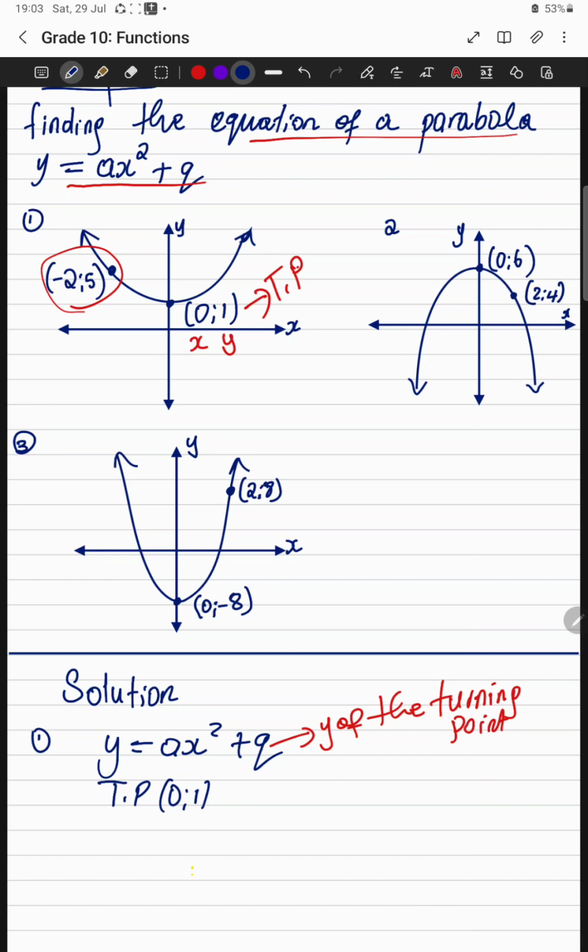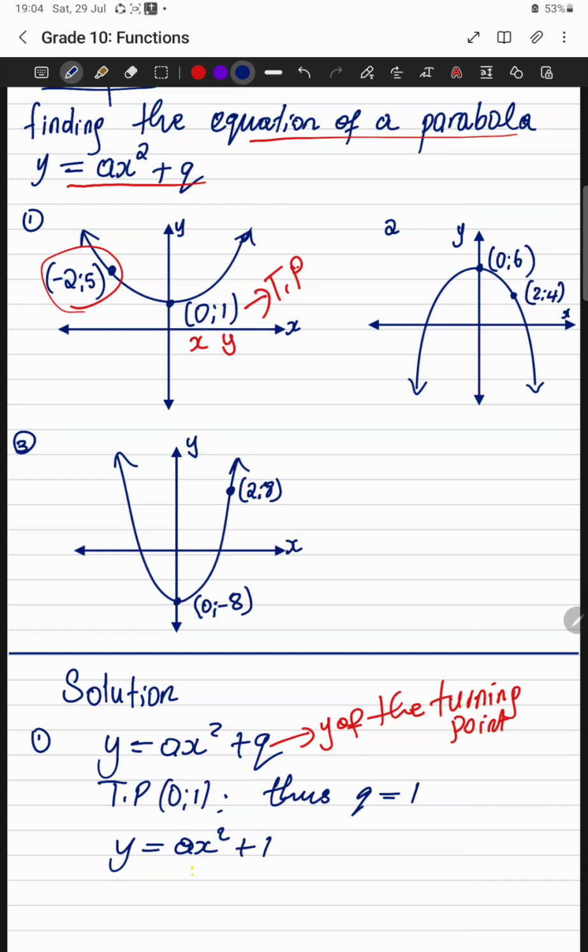Simple as that. So we say that q is equal to 1. So in this equation, it says ax squared, but now in the place of q we're going to write 1, so plus 1.